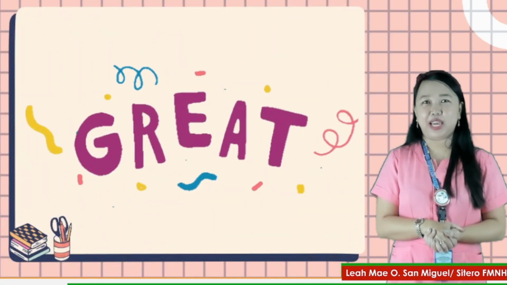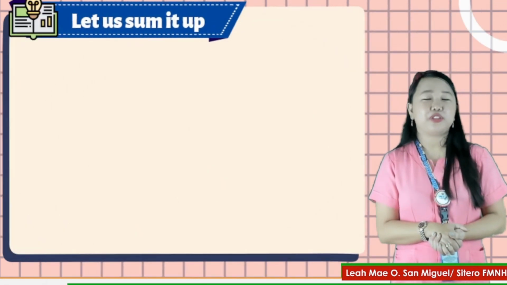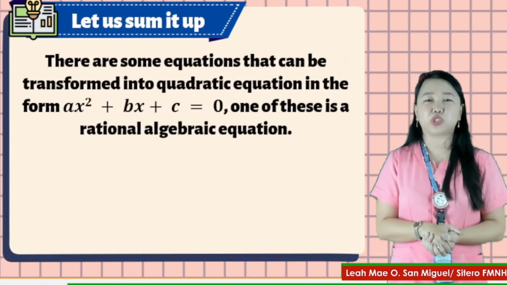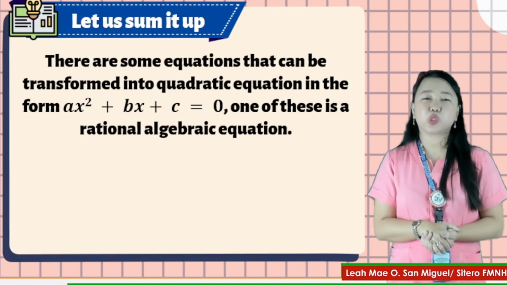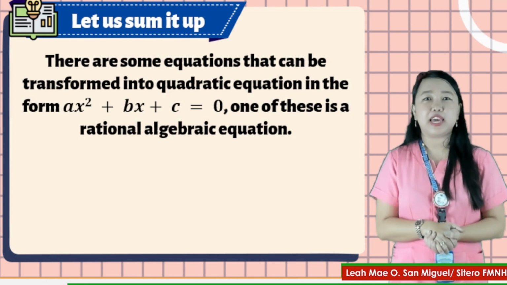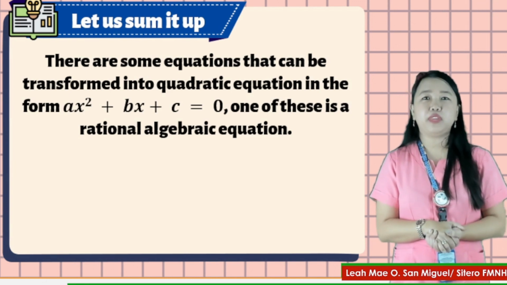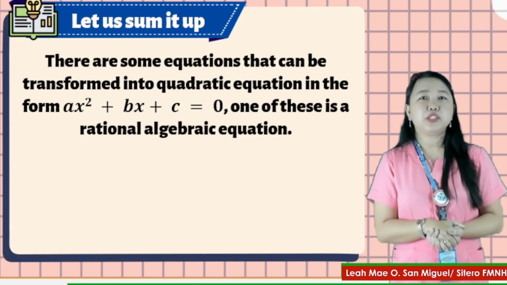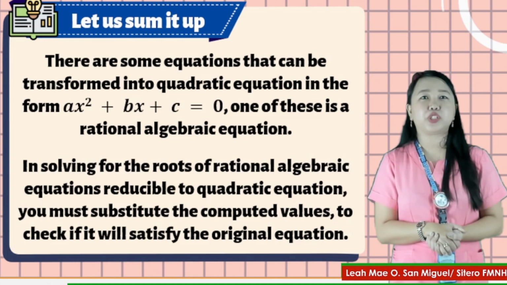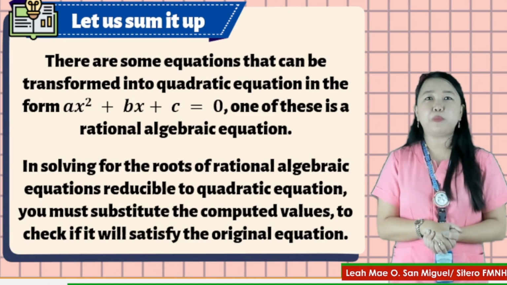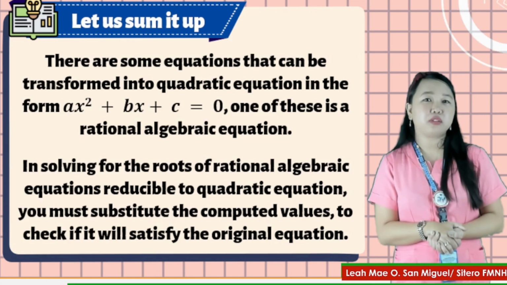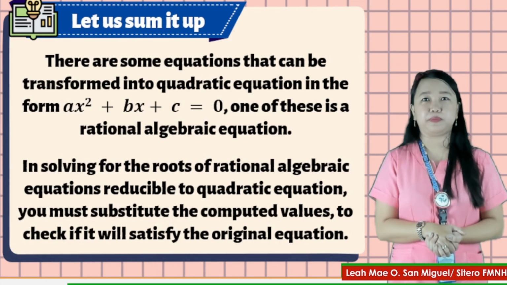To sum up today's lesson, there are some equations that can be transformed into quadratic equation in the form ax squared plus bx plus c is equal to 0. One of these is a rational algebraic equation. In solving for the roots of rational algebraic equations transformable to quadratic equation, you must substitute the computed values to check if it will satisfy the original equation.